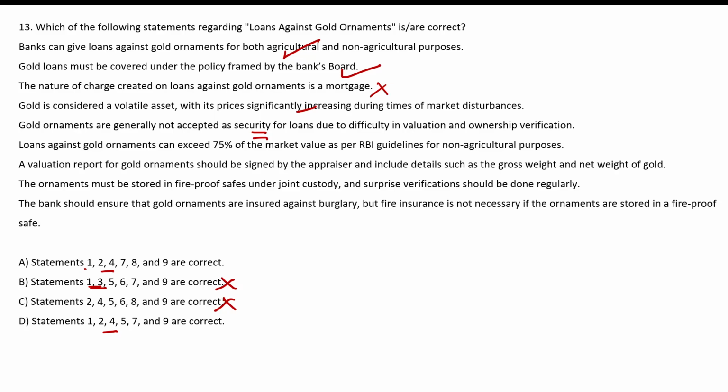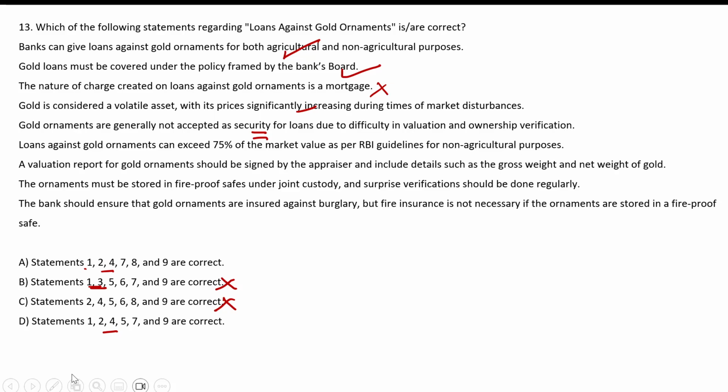Let's read statement 5. Gold ornaments are generally not accepted as security for loans due to difficulty in valuation and ownership verification. So gold ornaments are accepted as security, we all know. So stating that they are generally not accepted as security, this statement is incorrect, and valuation is also generally straightforward. So there is no difficulty in valuations.